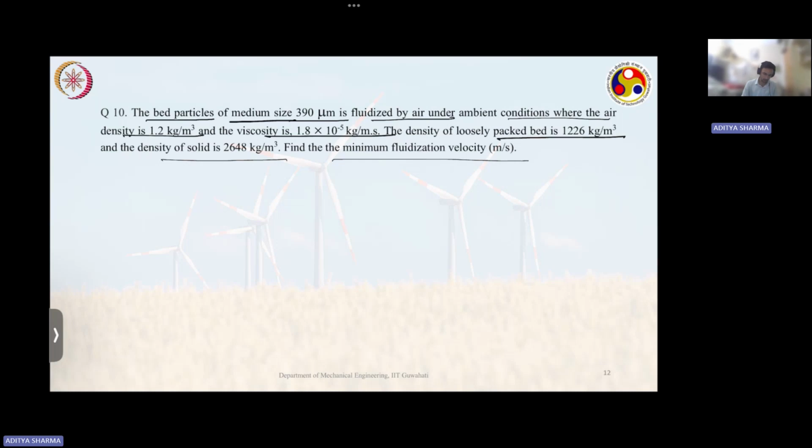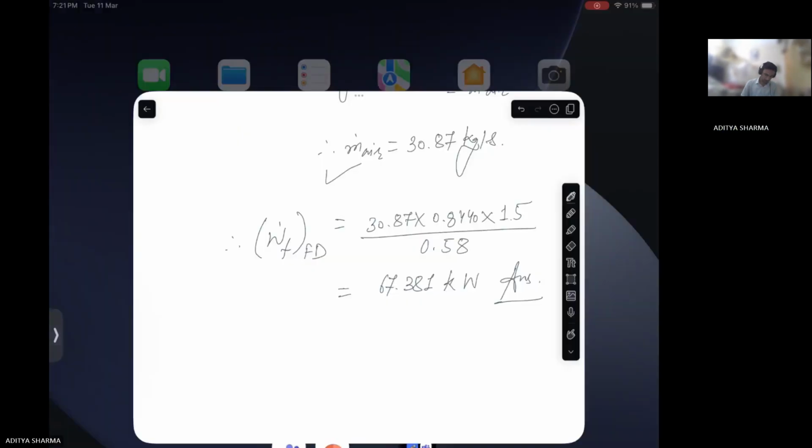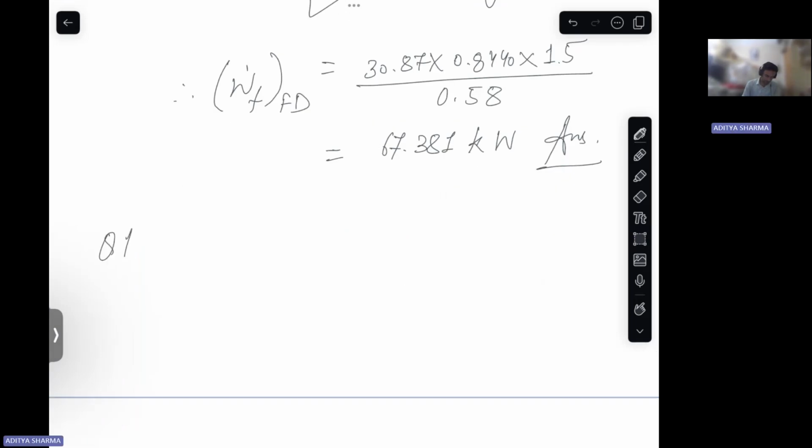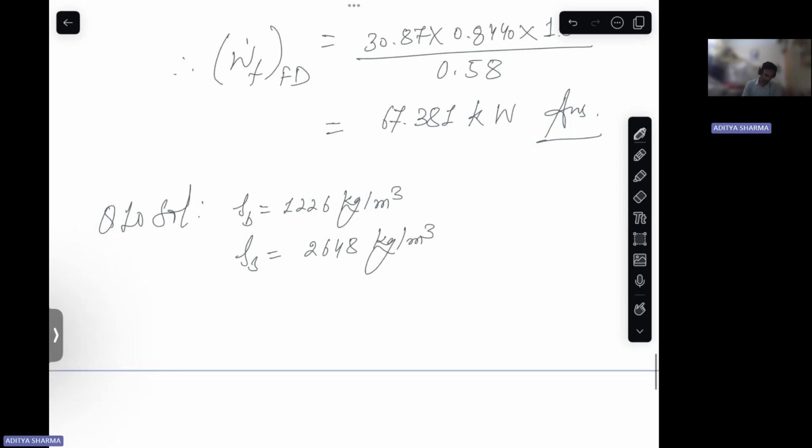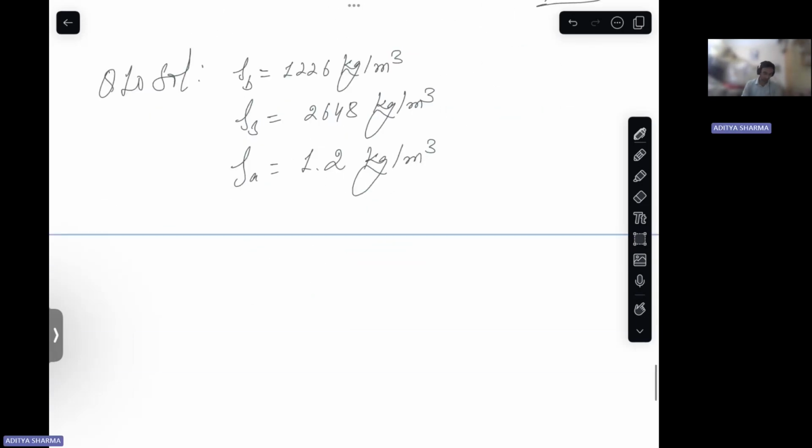So we have been given 5 things, right? Question number 10, solution. Bulk density has been given as this. Solid density has been given as this. Density of air has been given at ambient conditions, this.